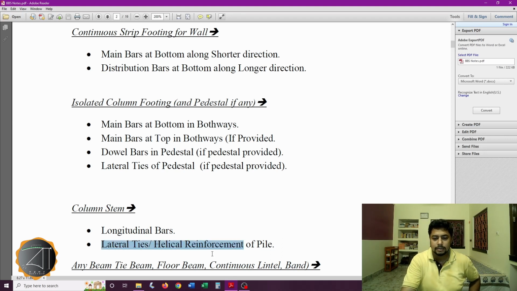You can just take it as a part of it, because the lateral ties which are being provided are not like a single bent up bar; they may also consist of hooks, depending on the number of bars in the column stem and their arrangements.